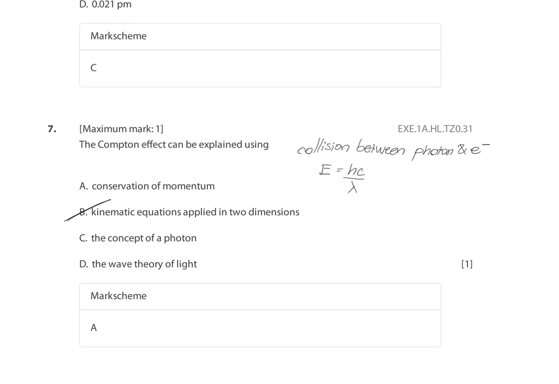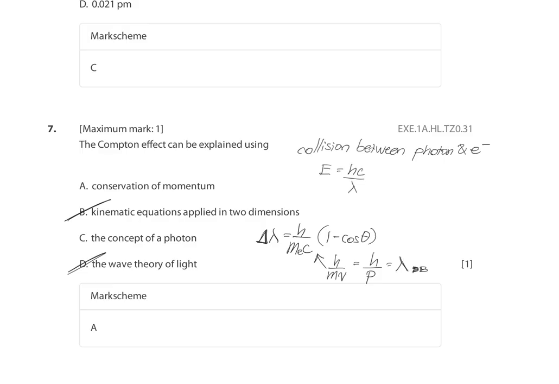And you can't just use the wave theory of light to explain the Compton effect, because with the wave theory of light there would be no collision between a photon and an electron. The concept of the photon, hc over lambda, could be useful, except that the actual formula for the Compton effect, where the difference in the wavelength of the photon is h divided by the mass of the electron it collided with times its speed times 1 minus cosine of the scattering angle, that h over mc is the de Broglie wavelength of the electron itself.